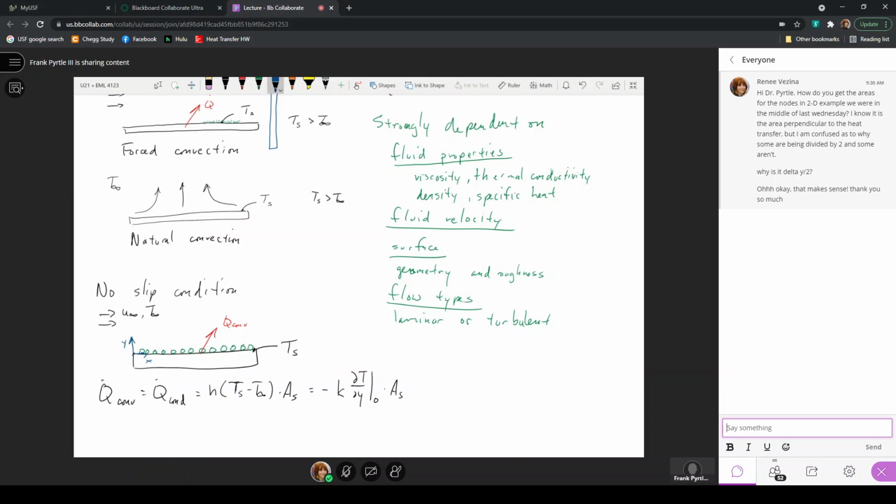Now this k, since we're talking about heat transfer rate by conduction through the molecules, is the thermal conductivity of the fluid, not the solid surface that the plate is made of, because the heat transfer rate by convection is equal to the heat transfer rate by conduction through the stationary set of molecules.